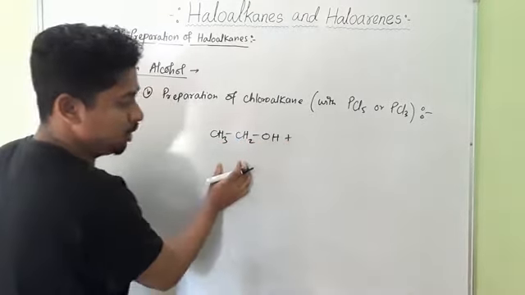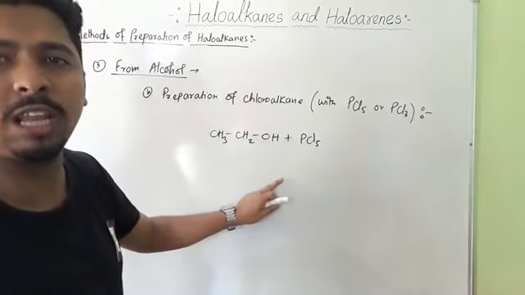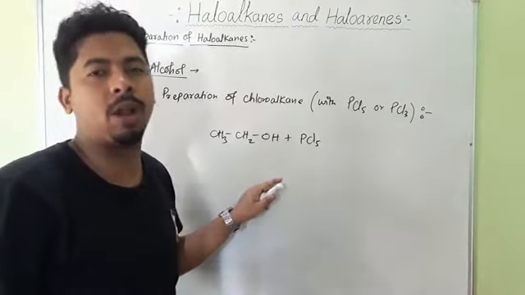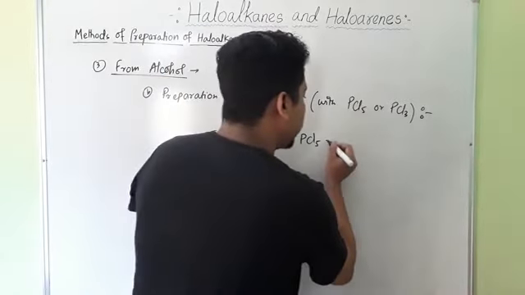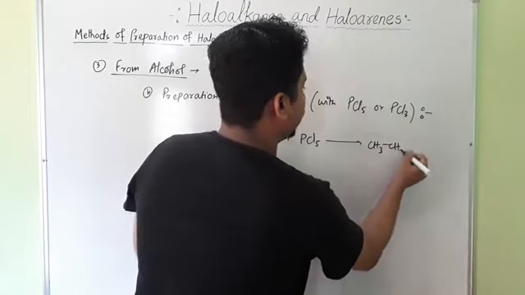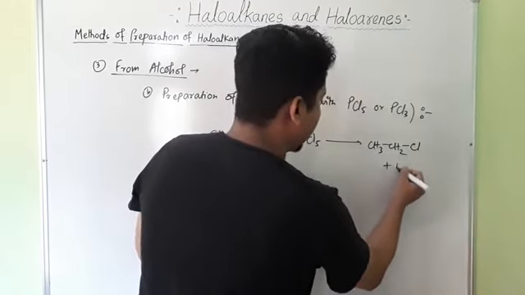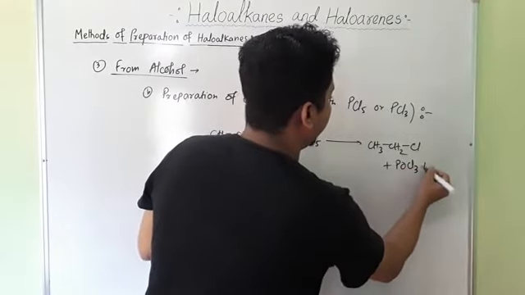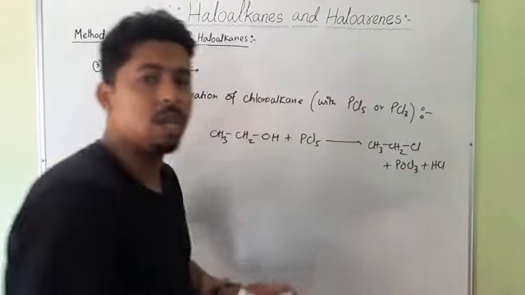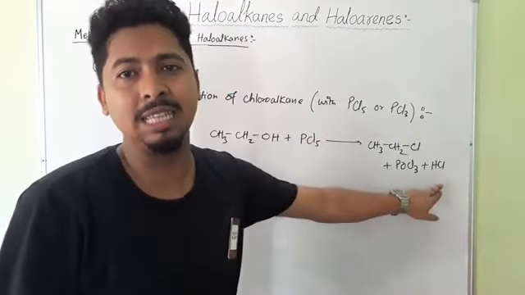If we treat this alcohol with PCl5, the name of this molecule is phosphorus pentachloride, it will produce CH3-CH2-Cl plus POCl3 plus HCl. So it produces chloroethane plus phosphorus oxychloride plus HCl.